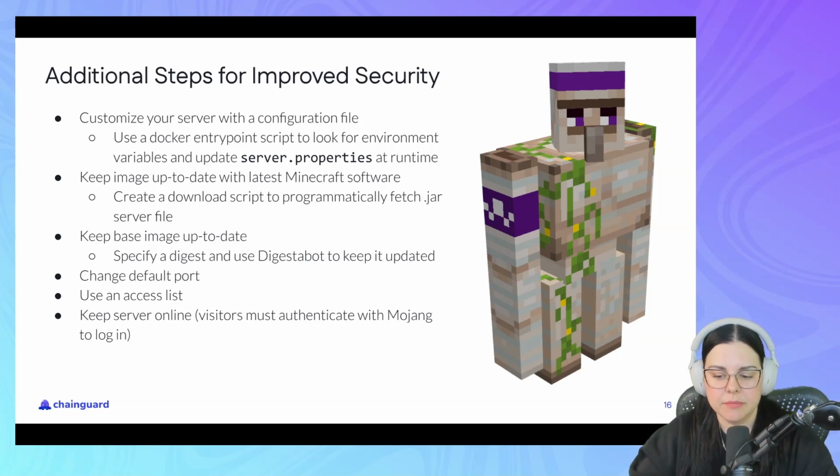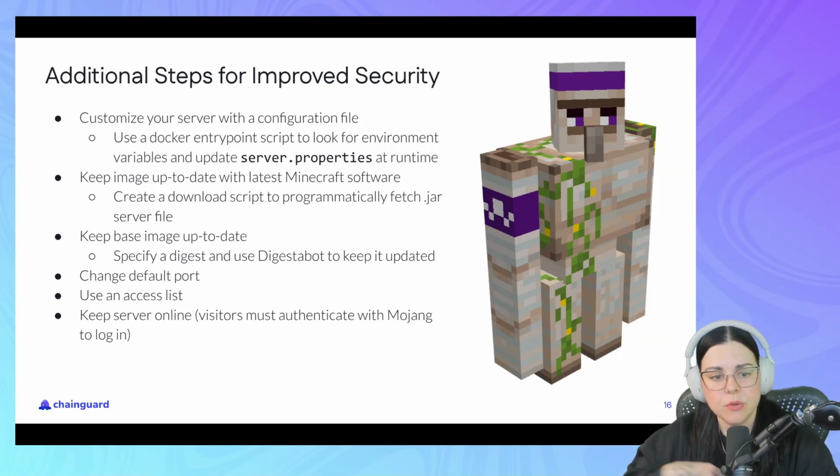You can copy the file, create a custom version of the file on your working directory in your host machine, your project directory, and then you copy this over to the server. This is the easiest way, but then what happens is that the configuration is applied, in this case is set at build time. So if you want to change anything on your configuration, if you want to change your spawn points, the modes, the port, everything, you will need to rebuild the image.